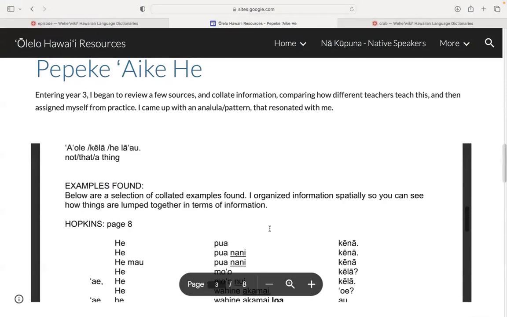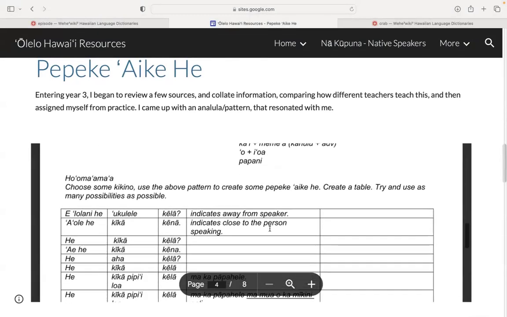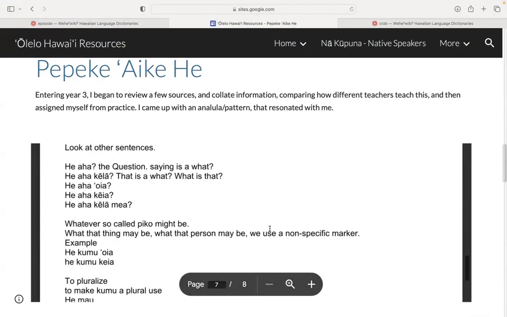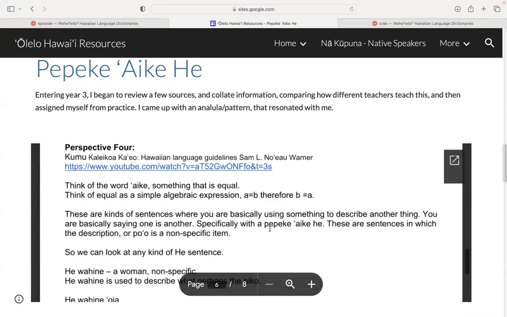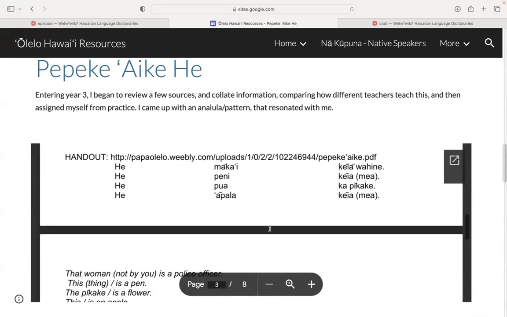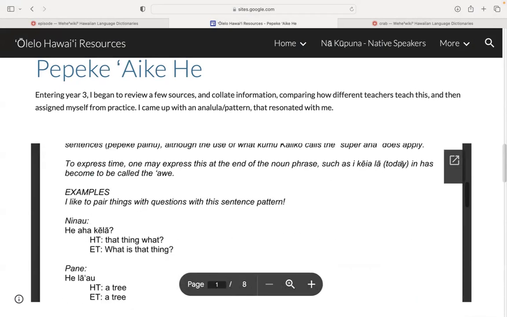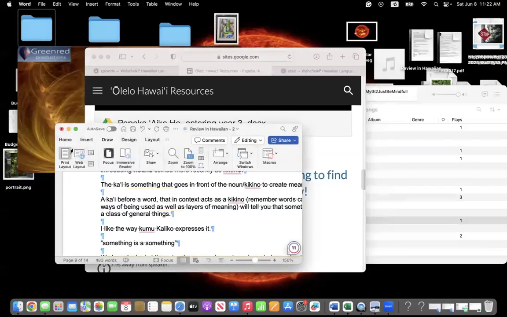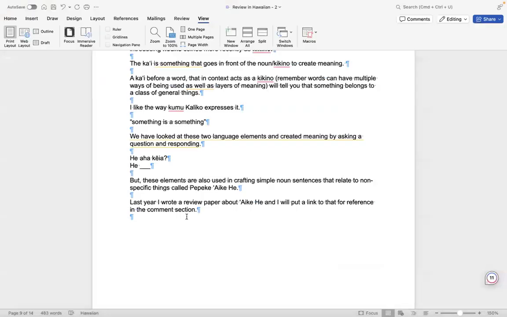In this paper, I looked at all the different perspectives of how aikehe is explained, because I find that when you look at all the different ways, it makes it a lot easier to comprehend the sentence. So I'm going to set that aside. I'm going to insert the link.